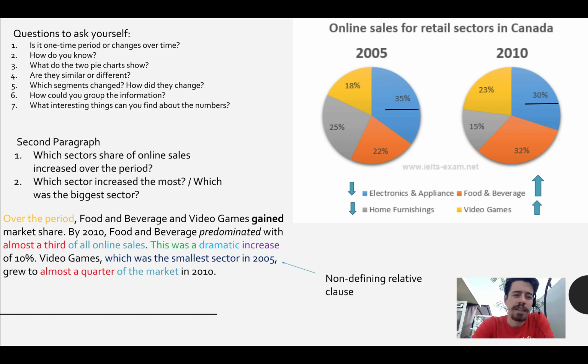Okay, so again, before you look at what we have, ask yourself for the third paragraph, which sector shares of online sales decreased over the period? So decreased, not increased. Which sector decreased the most? Which was the smallest sector? So pause the video now and think about these questions. Think about the questions and write the paragraph before you look at the next bit.